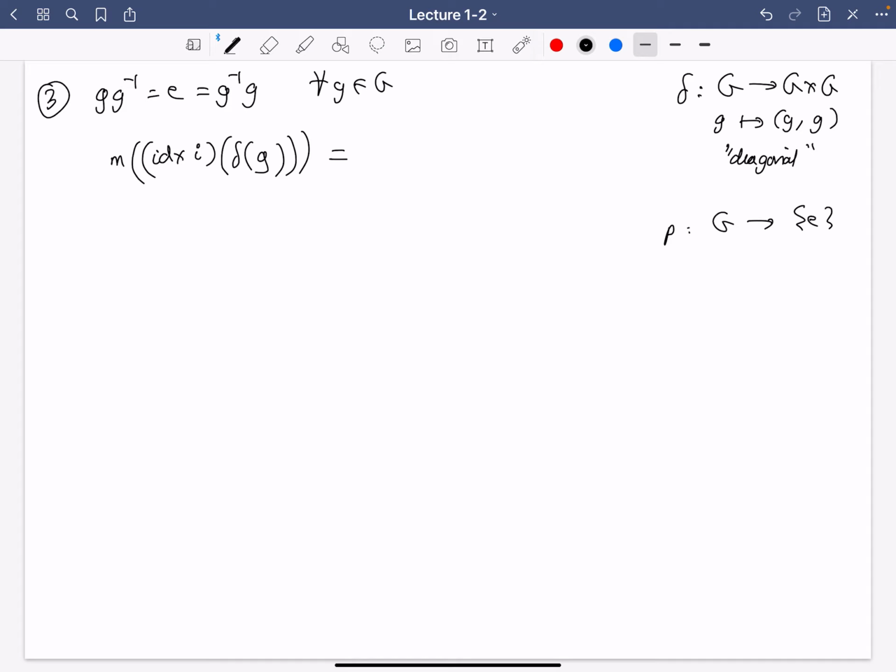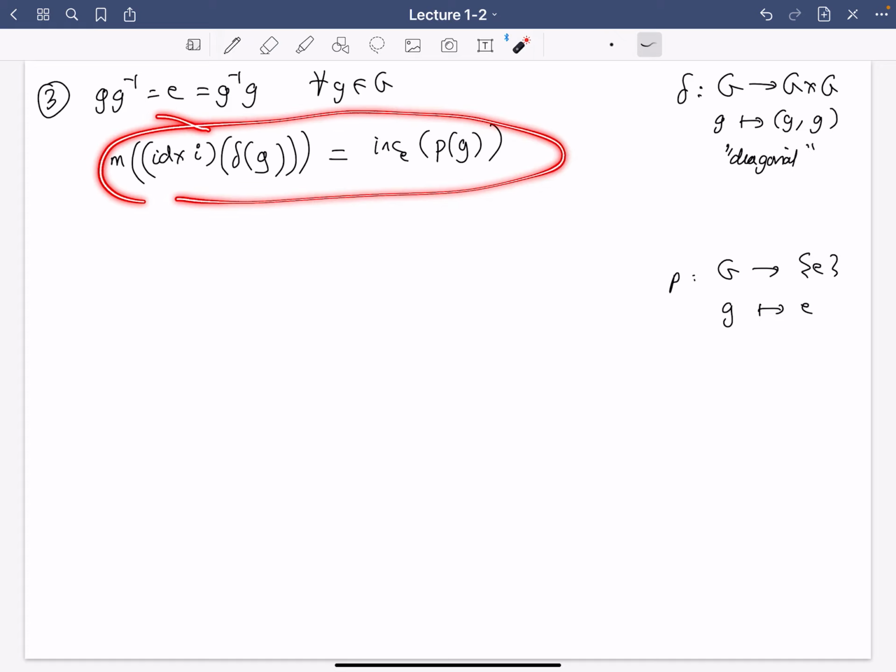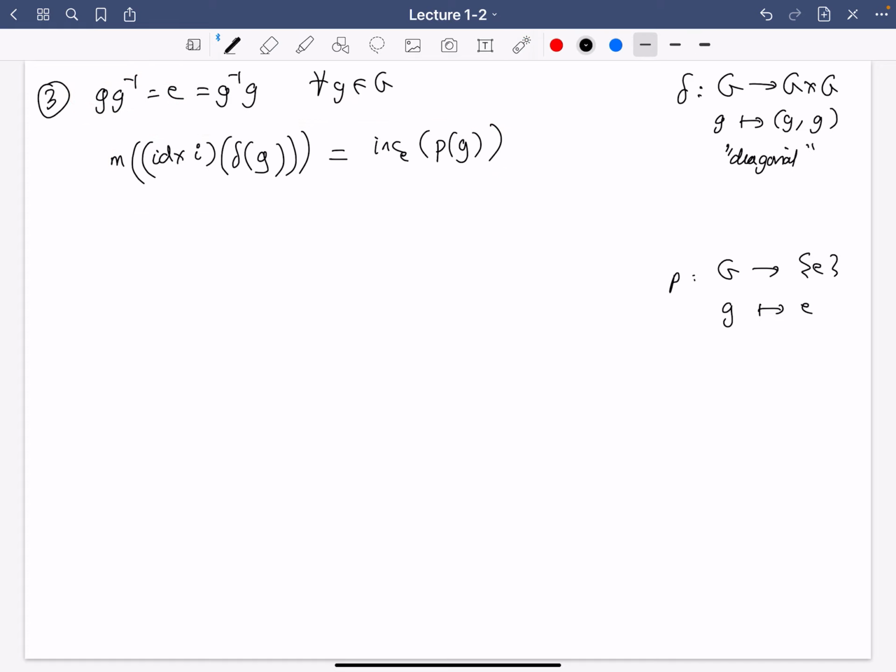This is just the constant function sending everything to e. So on the right hand side I want to start with g and apply this constant function taking g to e, and then include e into G. So that right hand side is a very complicated way of writing e. That's exactly that equation encoded. So we want this to be equal for all g in G.